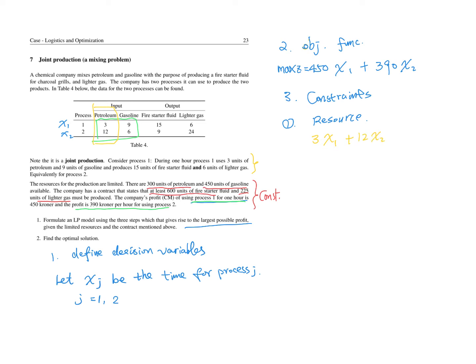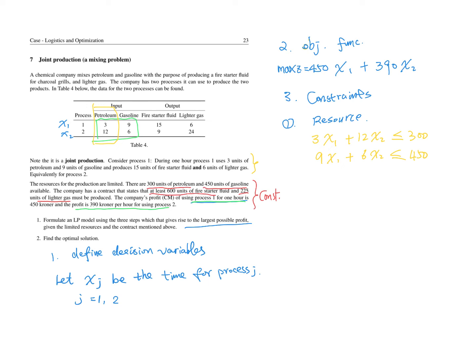So that's the total consumption for the petroleum resources given the time you allocated to each process. And then you have a limit, so you cannot use more than what you have, so less than or equal to 300 units. For gasoline, you have 9x1 plus 6x2, then less than or equal to 450 units.